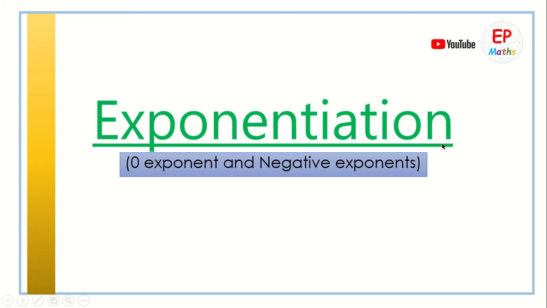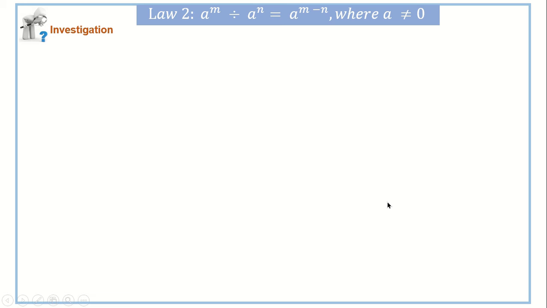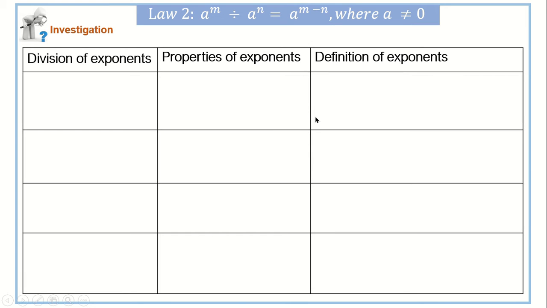Today we will be looking at exponentiation, and we will begin with zero exponent and negative exponents. Okay, now let's do some investigation to help us understand how to deal with zero exponent and negative exponents.